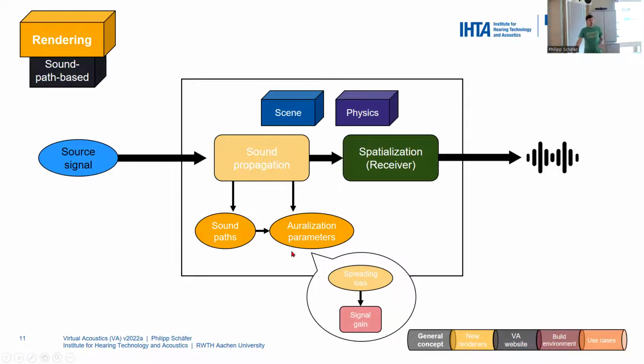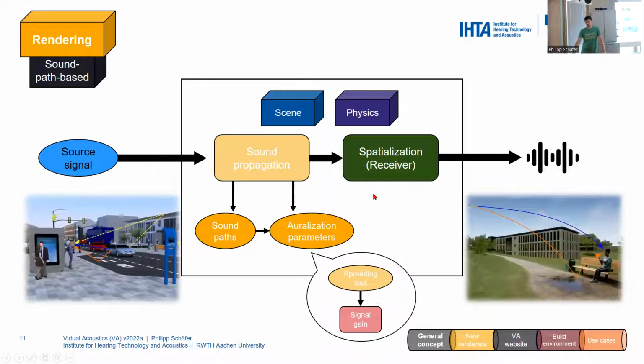And this is done for every sound path, and then in the end we accumulate the overall results by adding up the sound paths. And we see the spatialization is an individual step here, which is nice. And it's particularly interesting to use such an approach if we have scenarios where the number of sound paths is limited, like outdoor scenarios. For example, here we only have two sound paths that we are considering, and here there might be a few more.